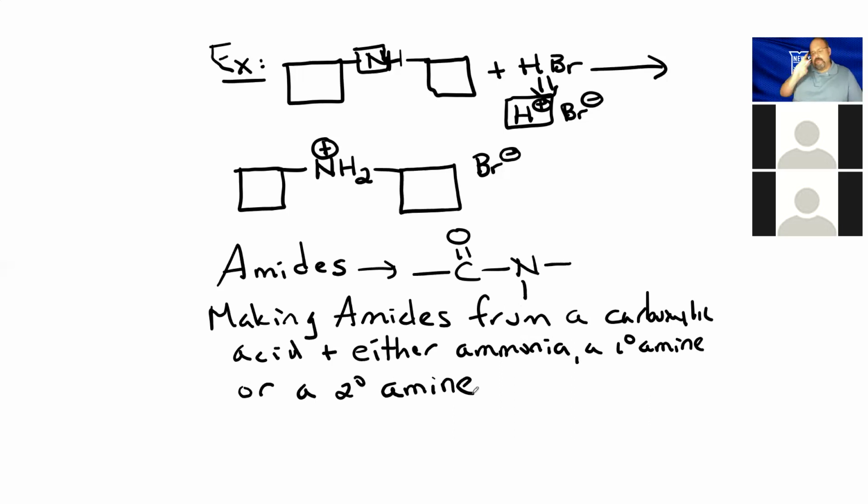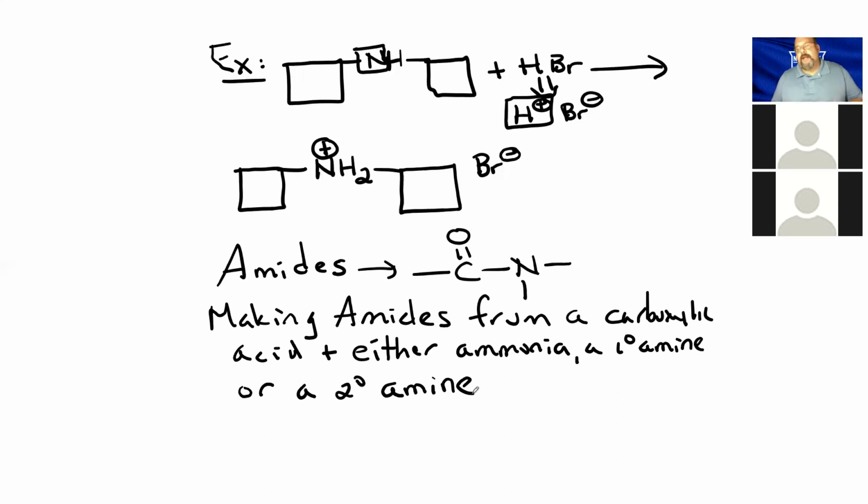Now, if you think about it, and you'll see this in our discussions today, the chemistry of amides, especially their reactions, are very similar to that of esters. When we talked about esters, one of the main ways to make esters was by esterification, the reaction of a carboxylic acid with an alcohol under acidic conditions.